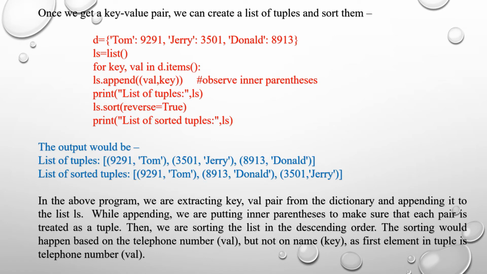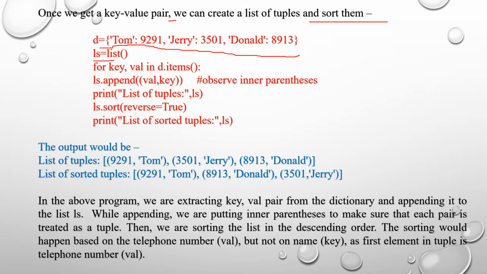Once we get the key value pairs, we can create a list of tuples and sort them. So this is my dictionary, and the dictionary items are Tom, Jerry and Donald as the keys, and 9291, 3501 and 8913 are the values.